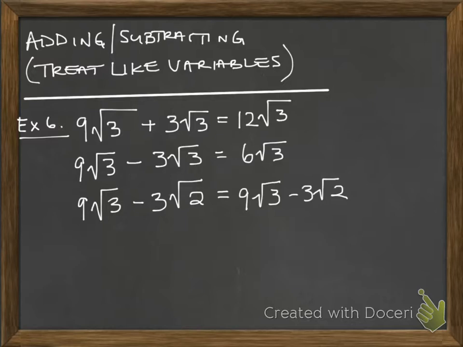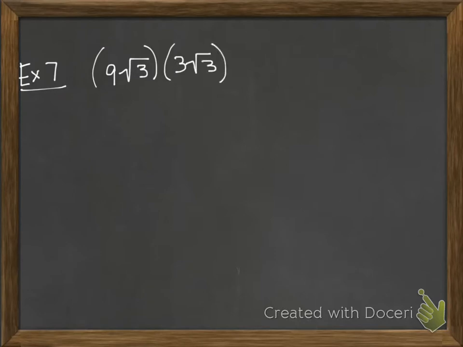Let's multiply. Let's say I have 9 square roots of 3 times 3 square roots of 3. 27 was the easy part.